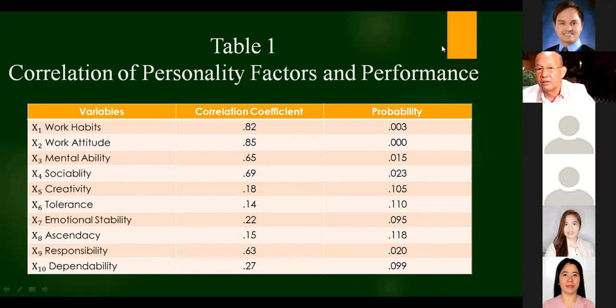These are work habits, work attitude with P equals 0.00, mental ability with P equals 0.01, sociability with P equals 0.02, and responsibility with P equals 0.02. That is what you explain. Then you just say that the remaining 5 personality factors are also correlated but to a non-significant extent, meaning the effect is not important.